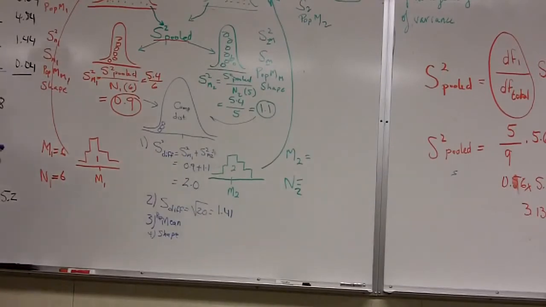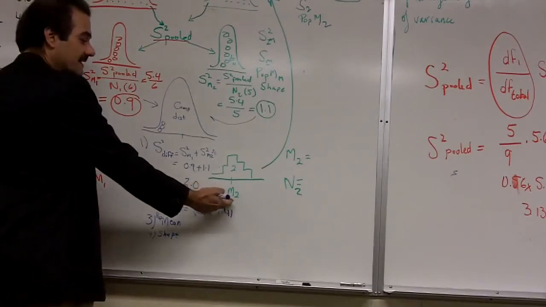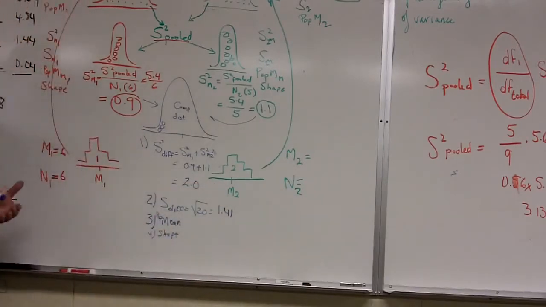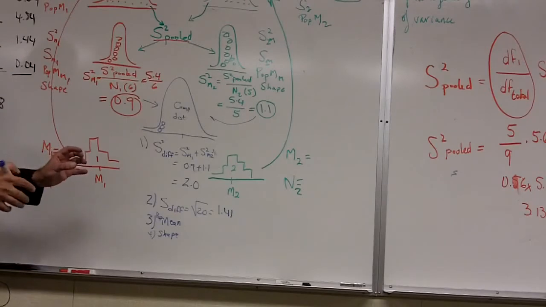The means matter. Our objective is to compare these two means and ask the question, are these two means different from each other? Did the introduction of the treatment in this sample make its mean very different from this mean?